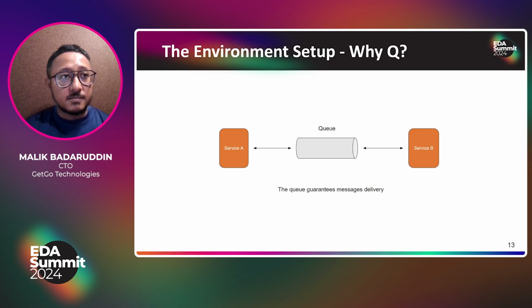This really helps us a lot, because when there is a significant load coming through from any one of the services, the queue manages the subscription, and this helps us guarantee every call, so we are not missing any messages or requests from one service to the next.